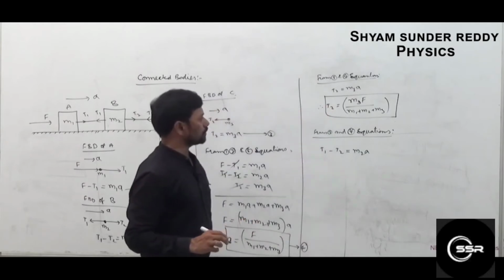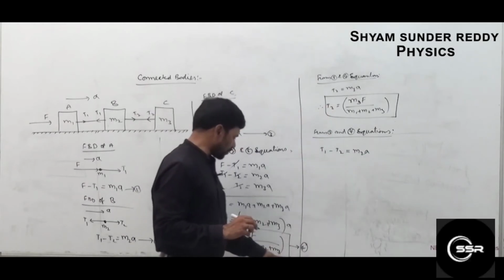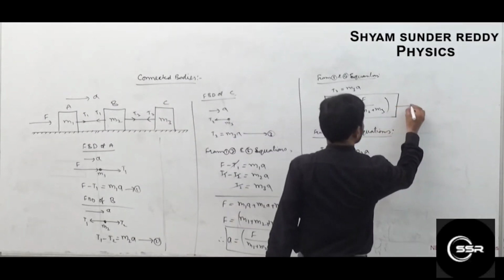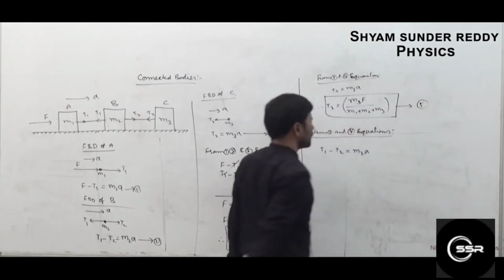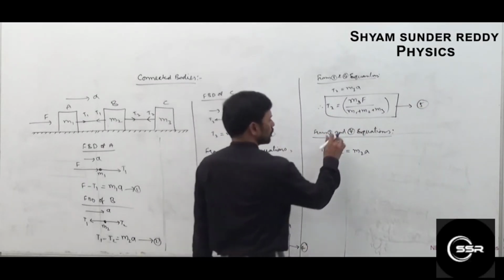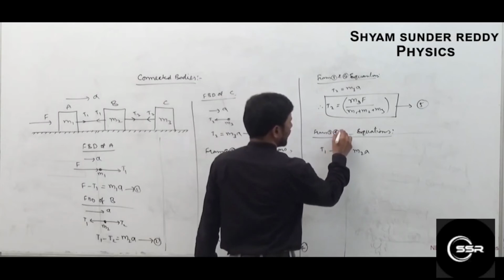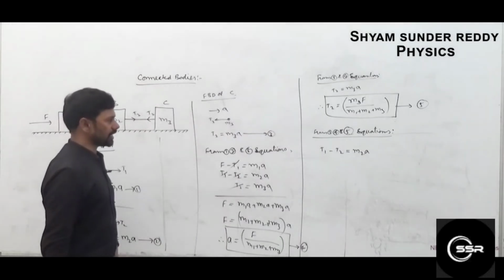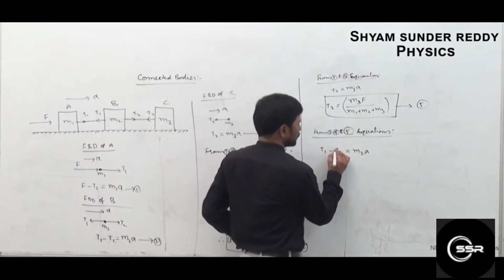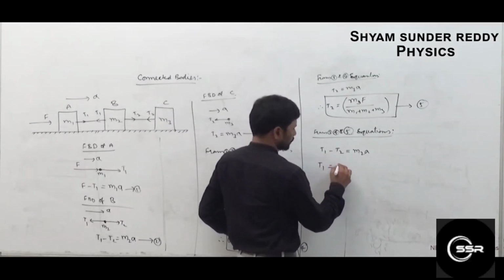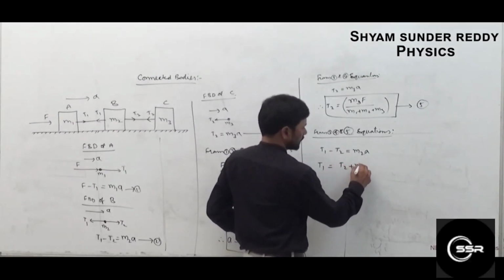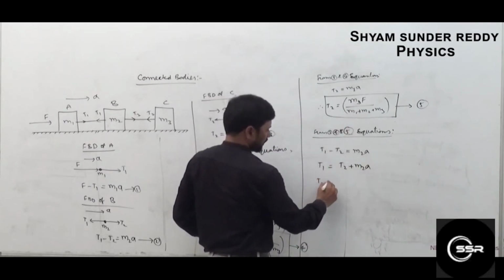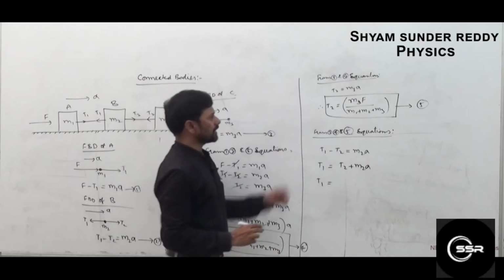Here we know T2 and also the A value. Just substitute the two values. If you want, you can give this equation number 5, otherwise directly substitute. T1 minus T2 is equal to M2A, so T1 is equal to T2 plus M2A. Here we can write the T2 value and A value. T1 is equal to, what is T2? M3F.